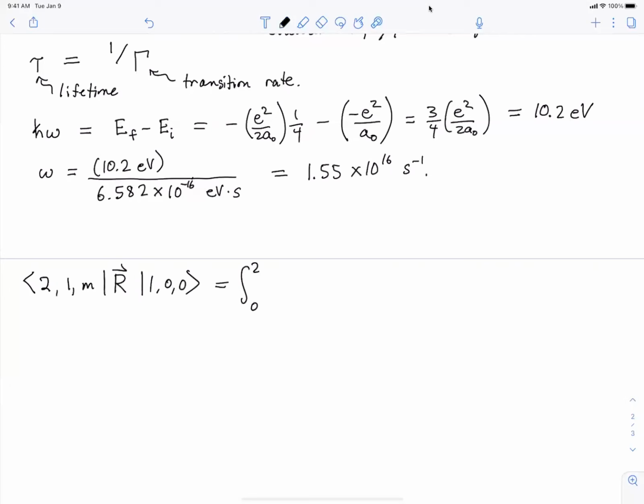So we're going to write integral 0 to 2 pi d phi, minus 1 to 1 d cosine theta, 0 to infinity dr r squared. And then we want to write down the complex conjugate of the final state, which is 2, 1, m.